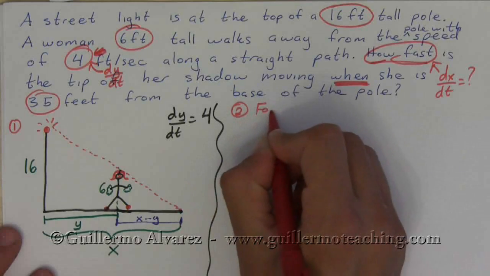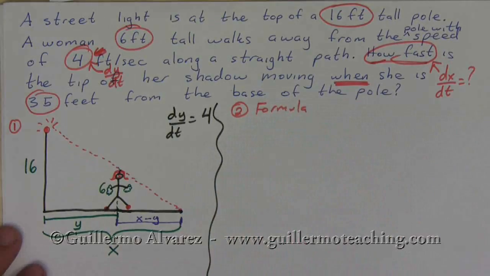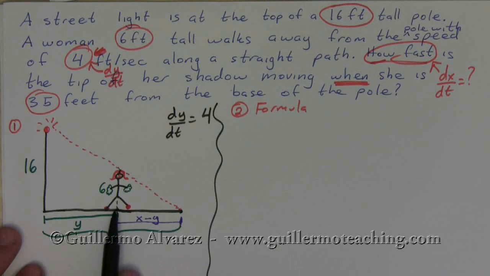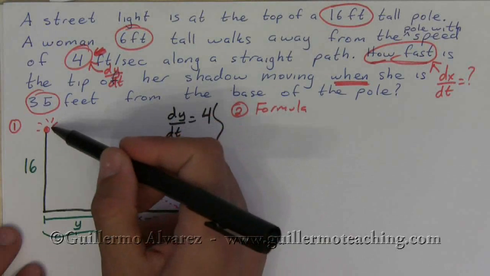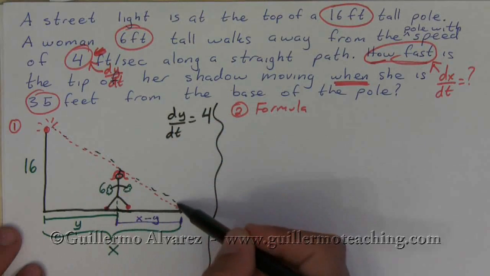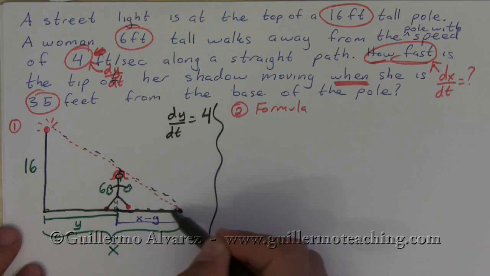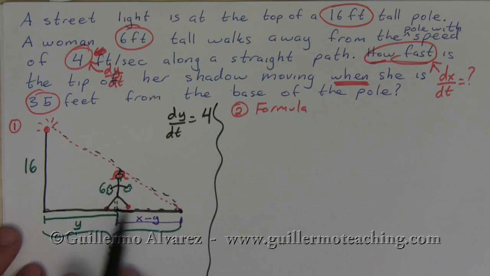Now the second part is, remember, we need to find a formula that relates all of our information. And, well, you look at this, and this doesn't look very formula friendly. I mean, we have the Pythagorean theorem, but that doesn't really help us very much. But notice that if you look at the outside triangle and this inside triangle, you'll notice that these are similar triangles.